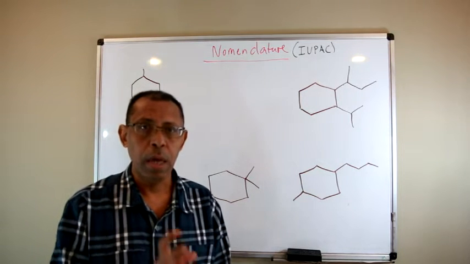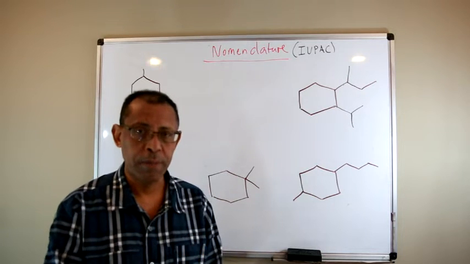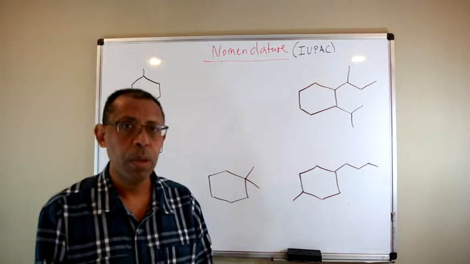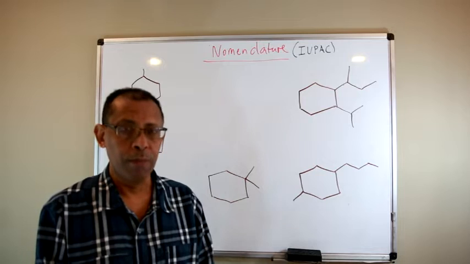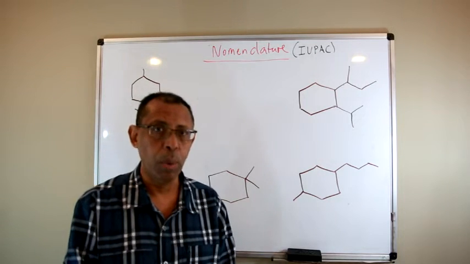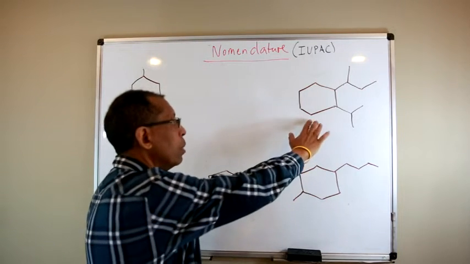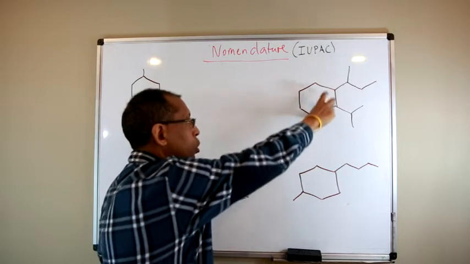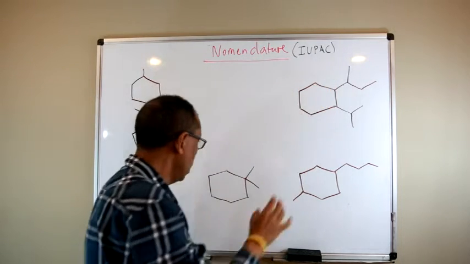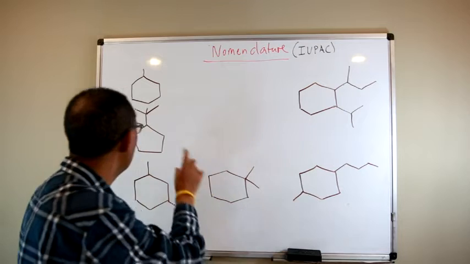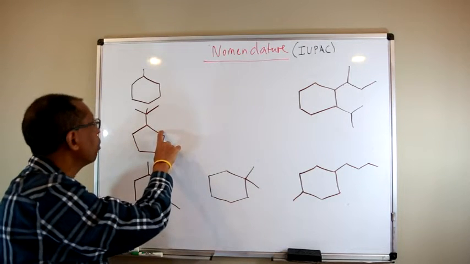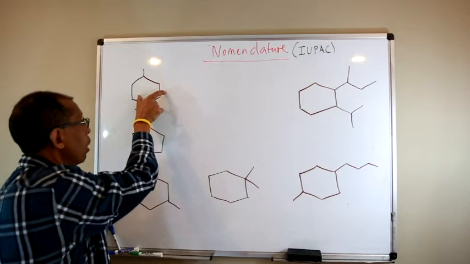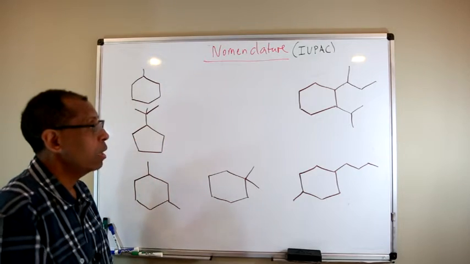So the base or the suffix of that compound name would always involve the cyclic moiety. Here, for example, the suffix should be cyclohexane. Here, cyclohexane. Here you have to say cyclopentane. Here you have to say cyclohexane.